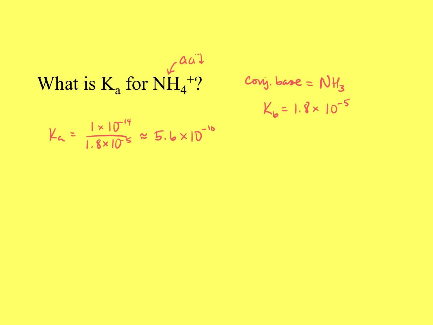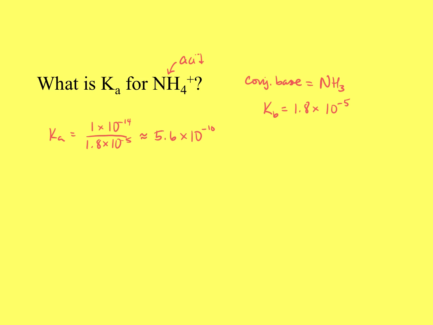Okay. And again, I want you to note that this value of Kb, 1.8 times 10 to the negative 5, indicates a weak base, and then its conjugate acid, Ka, is also less than 1, 5.6 times 10 to the negative 10. And that also is the case of a weak acid.